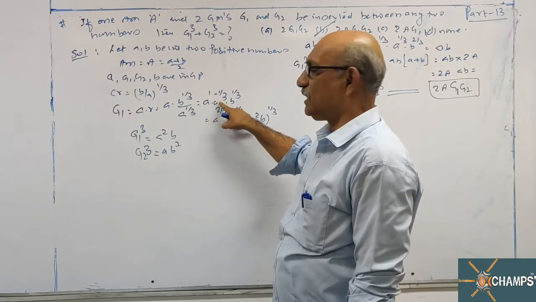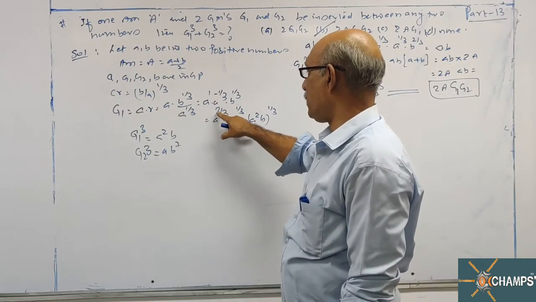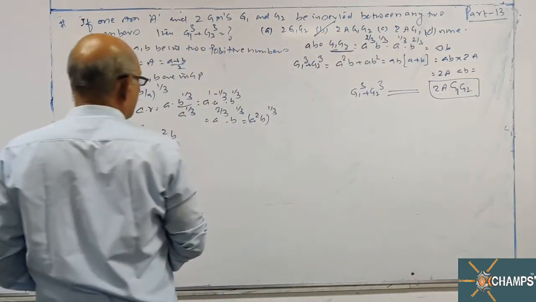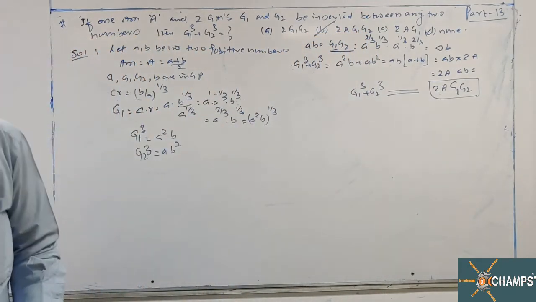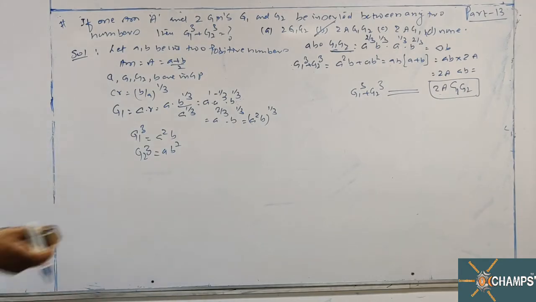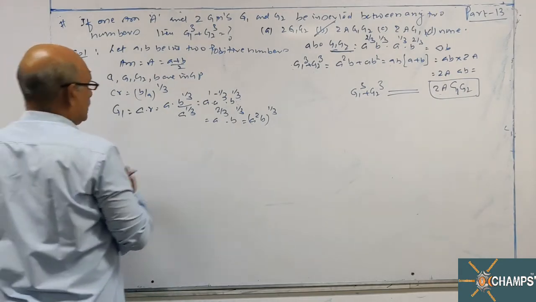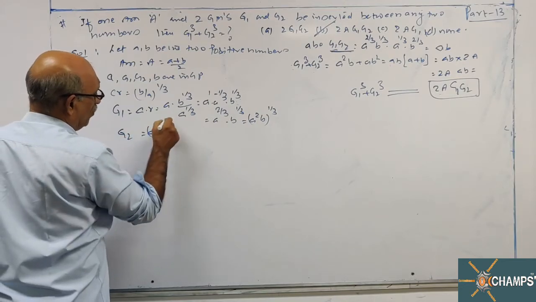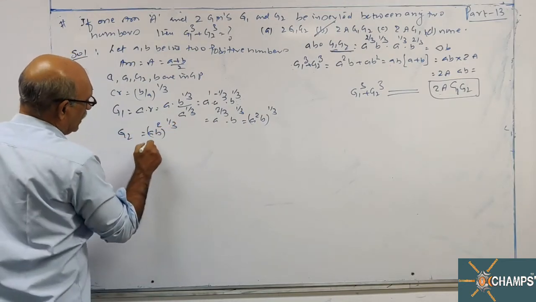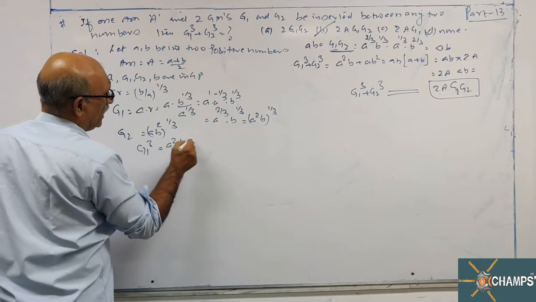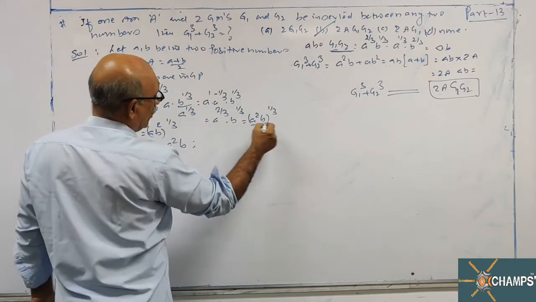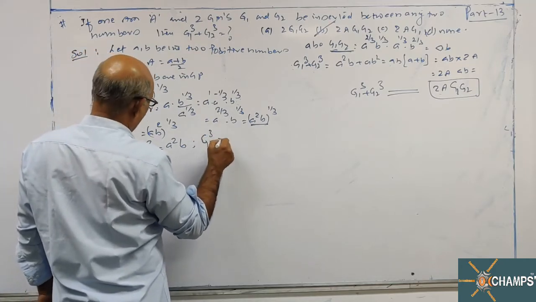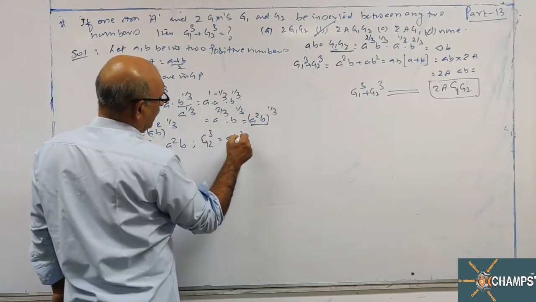Take a power 1 by 3 to the numerator. It is a power 2 by 3, b power 1 by 3. So I'll write one more step here. G1 is (a square b) whole power 1 by 3. Similarly, G2 is (ab square) whole power 1 by 3. G1 cube is equal to a square b. Cubing this value for G2, you will get G2 cube equal to ab square.